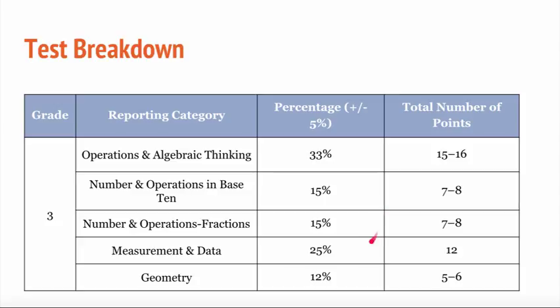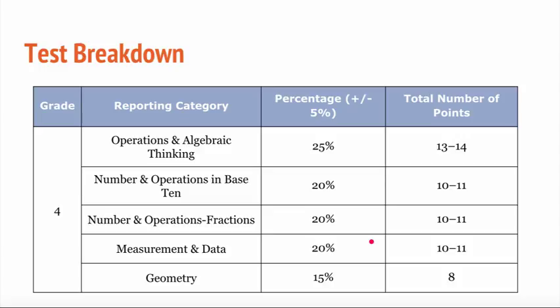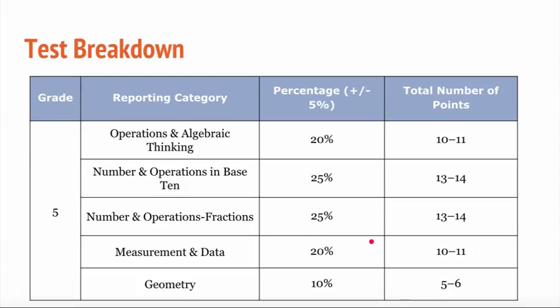This one is, again, pretty heavy. 58% of the exam is on 2 domains. That's a lot. In 4th grade, it starts to be distributed a little bit more equally among all the different domains. Geometry still takes a little bit of a backseat. And then finally, in 5th grade, you see there's 2 main ones, numbers and operations in base 10 and numbers and operations fractions.